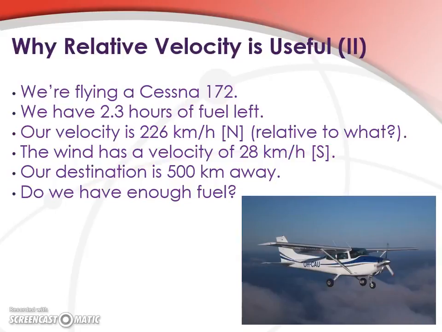So what if we have a headwind of 28 kilometers per hour south? Well, we need to be able to consider that problem very accurately to make sure that we can reach the airfield 500 kilometers away. Using the tools we just learned, we can figure out if we've got enough fuel.